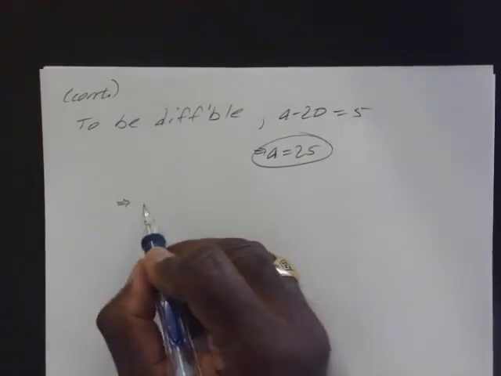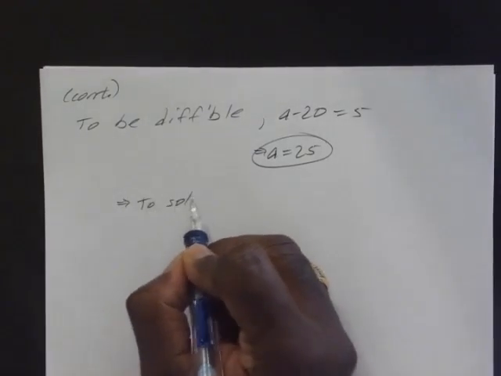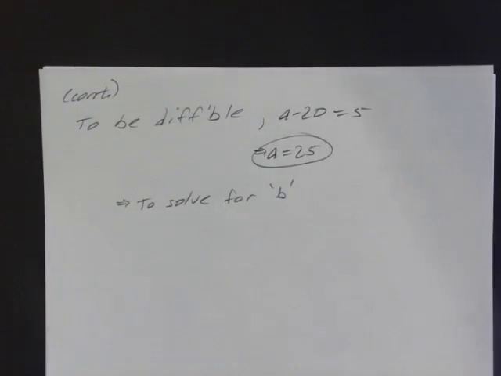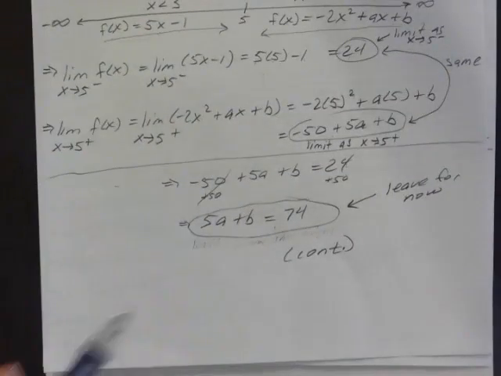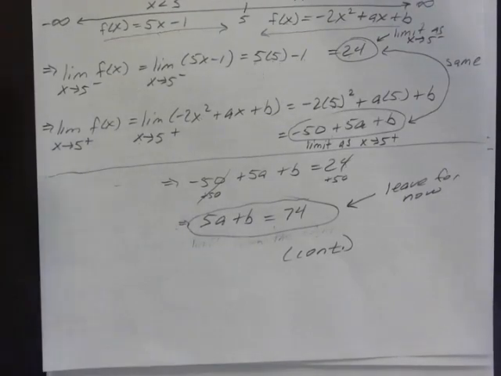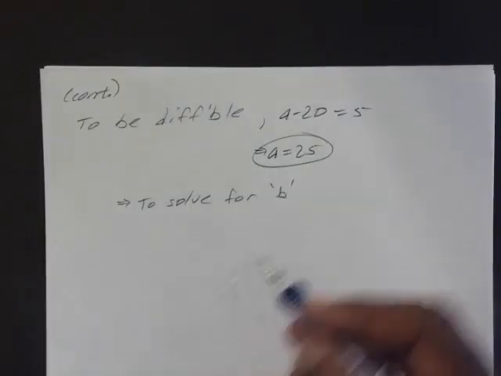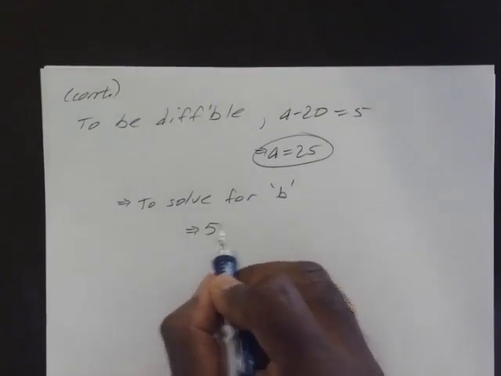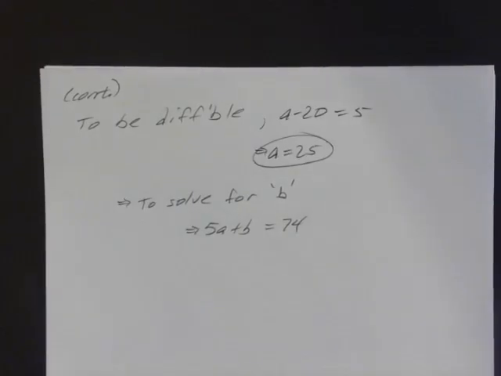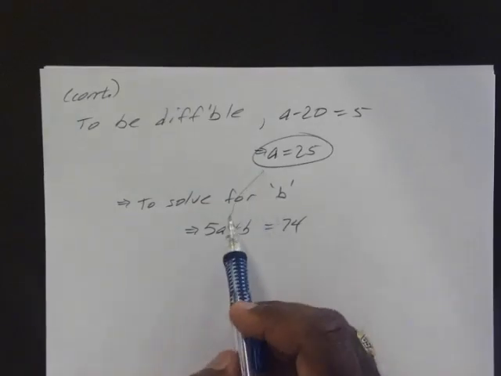Now we have to solve for b. To do that, we go right back to that one we were going to leave for right now. So we know 5a plus b has to equal 74. Well, we know a is equal to 25.